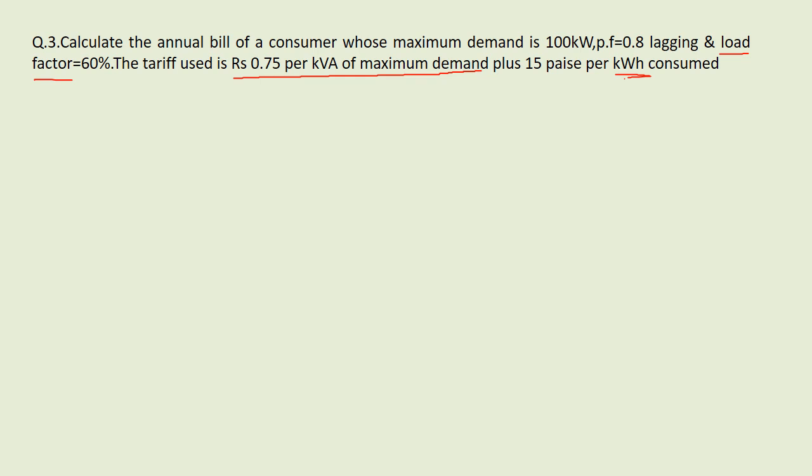The problem says your maximum demand is 100 kilowatt and your load factor is 0.60. The load factor is the ratio of average load upon maximum demand, so average load can be calculated as 100 into 0.6, that is 60 kilowatt.